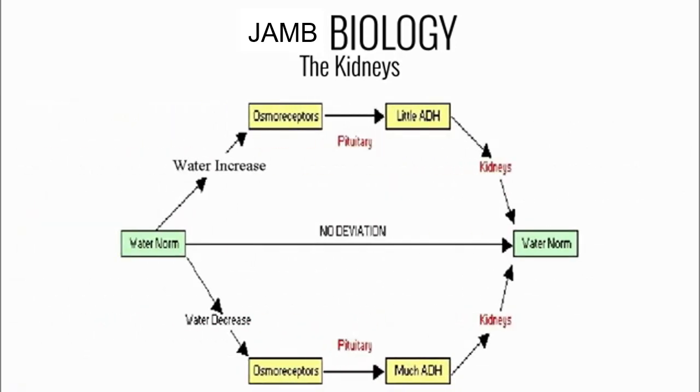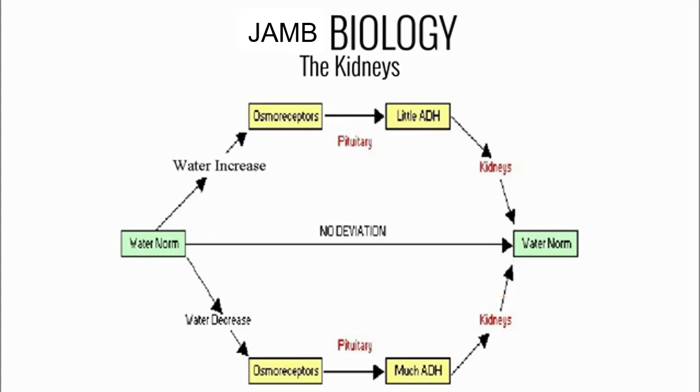When the water content of the blood is low, a receptor in the brain detects that water content is low. Then the coordination center in the brain receives the information and coordinates a response. And then the pituitary gland releases more ADH, so more water is reabsorbed from the kidney tubules.